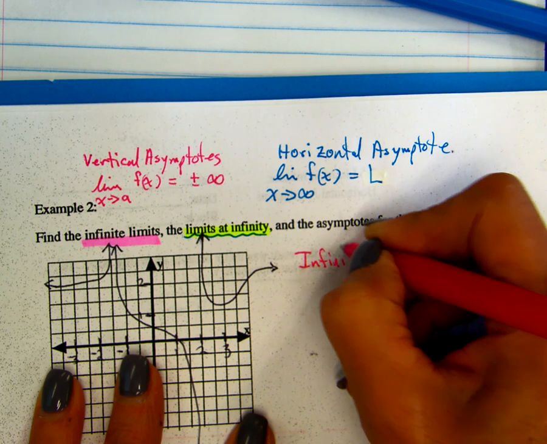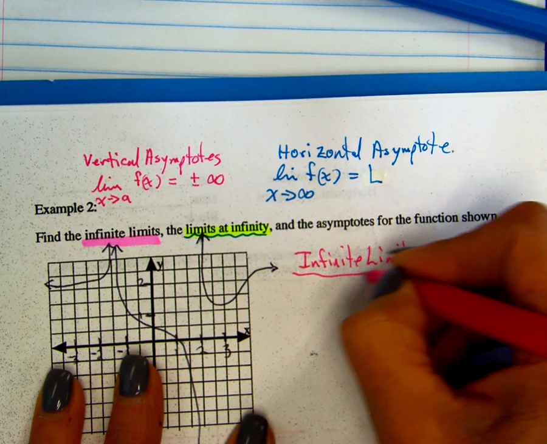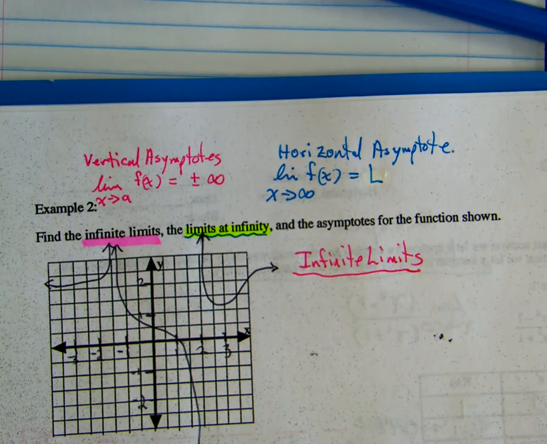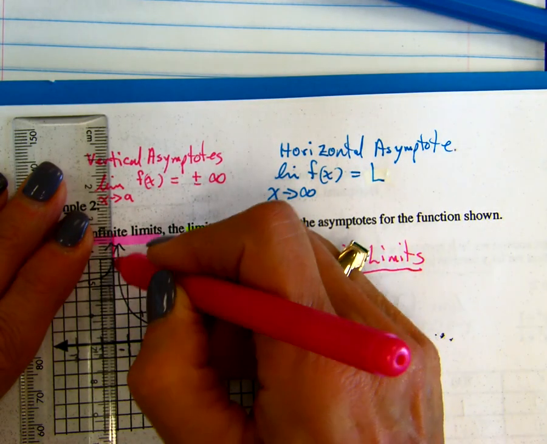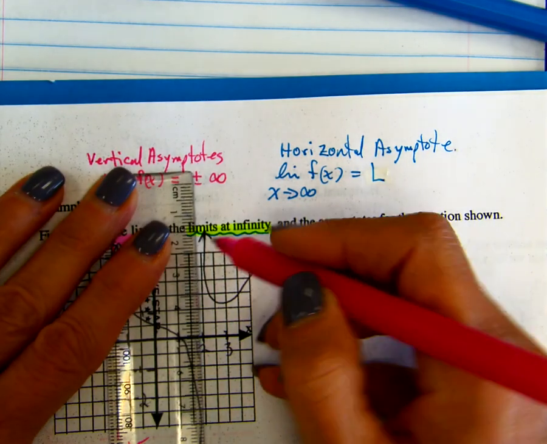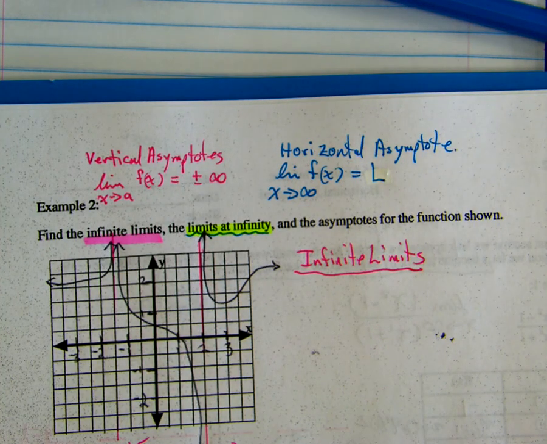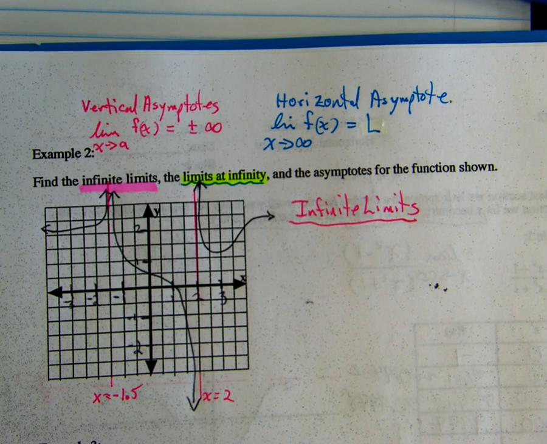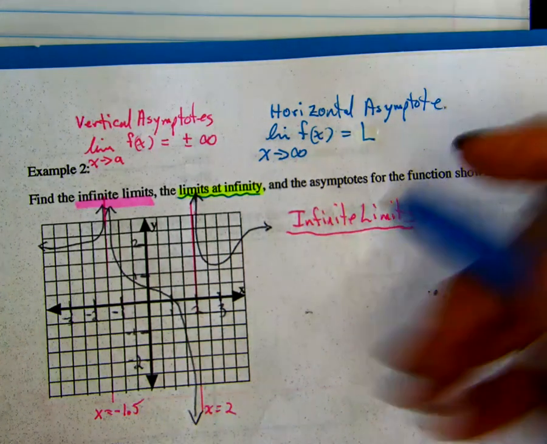Okay, so let's start first with vertical asymptotes. The limit to a point is infinity. So where do you see one? Right here, x equals negative 1.5. I see another one right here, x is equal to 2.